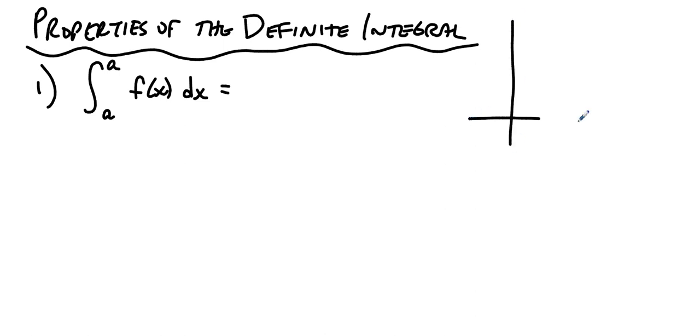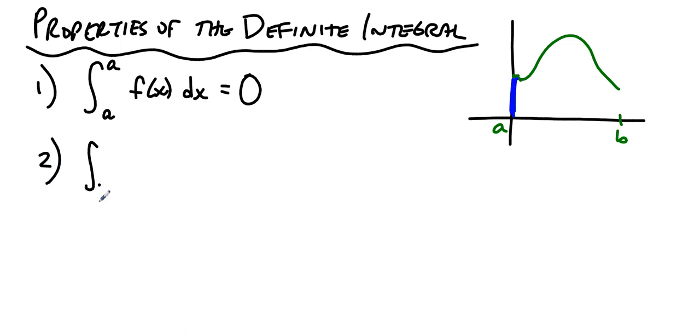So if we have some function from a to b, that's great. But if we have the function only going from a to a, that's asking for this. I'll even make it more specific. It's this area. Well, that's the area of a vertical line segment, and the area of a vertical line segment is 0. If there is no width to the subinterval, then there is no delta x, so all of the rectangles have area 0.